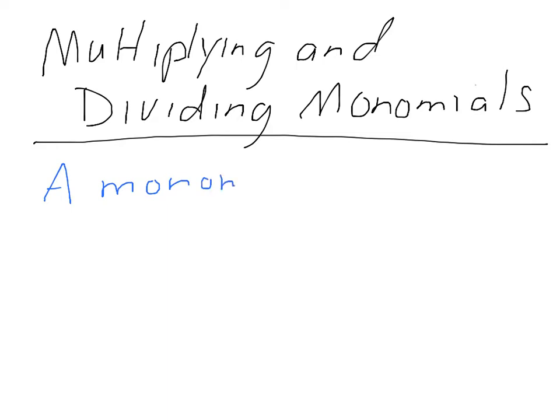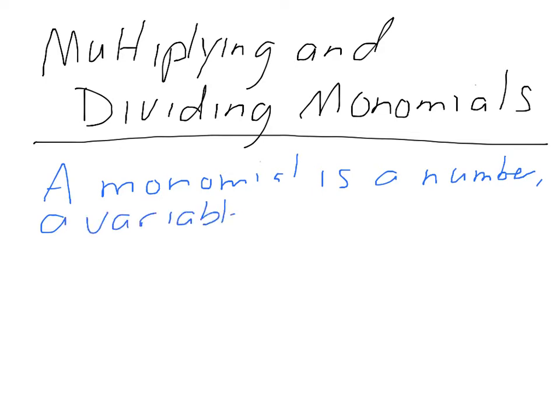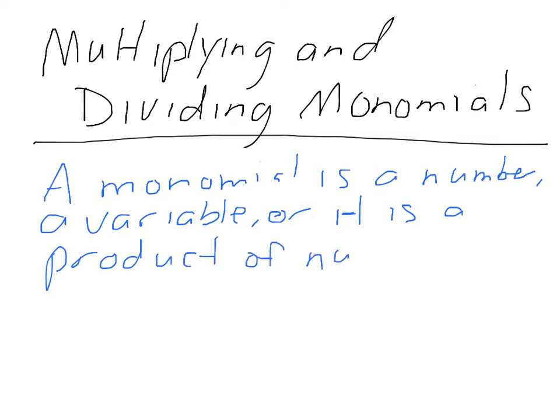A monomial is a number. It is a variable, or it is a product of numbers and or variables.